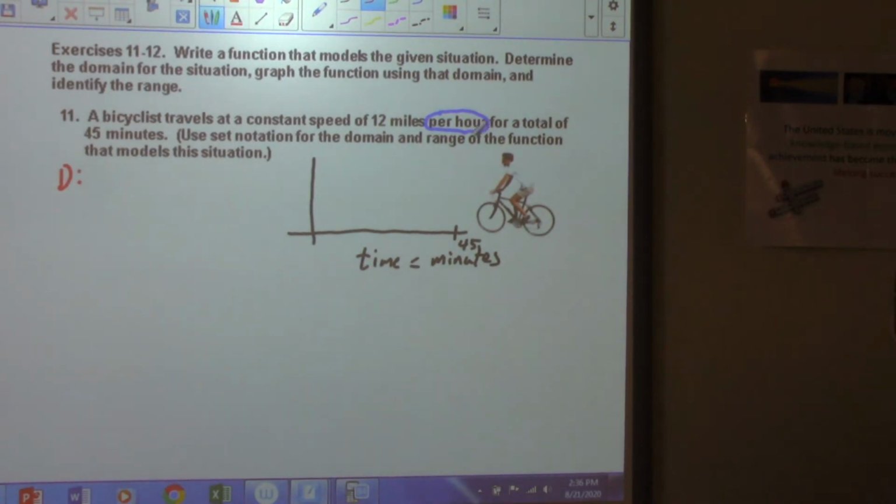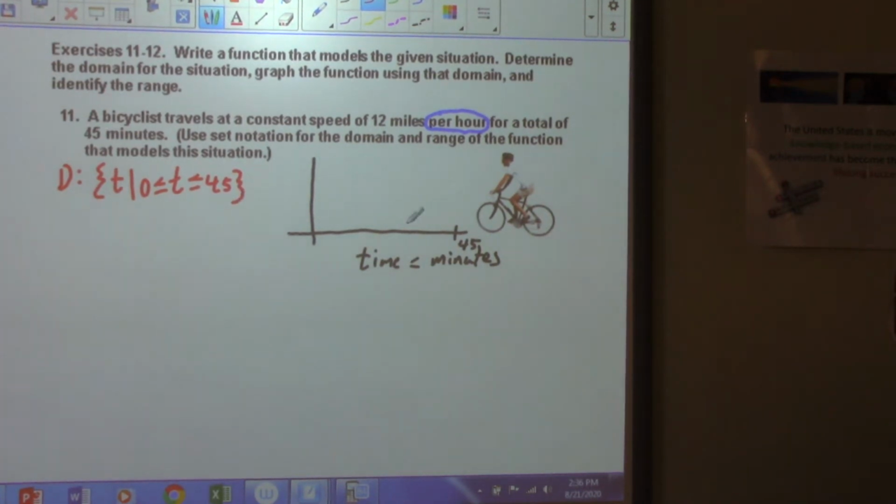It says 0 to 45, and it says what? Use set notation. So set notation is, we'll have t such that t is, what's the least t can be? 0. Yeah. 45. So there's our domain.